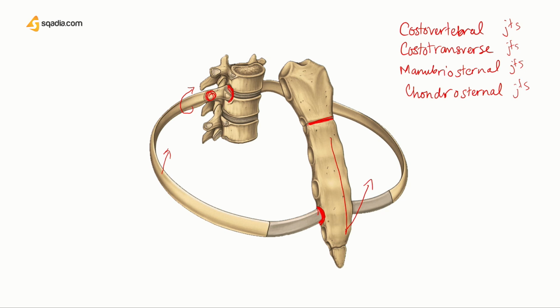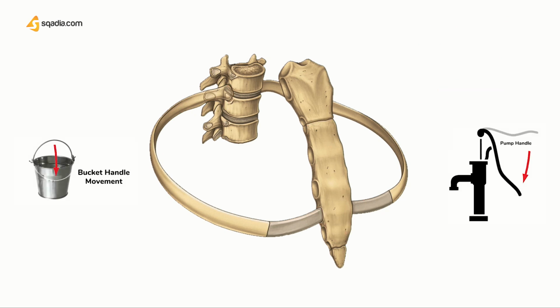So what happens when we expire? Now, the ribs rotate inferiorly. At this joint and at this joint, it's rotating inferiorly, just like a bucket handle. So now the bucket handle is going down.